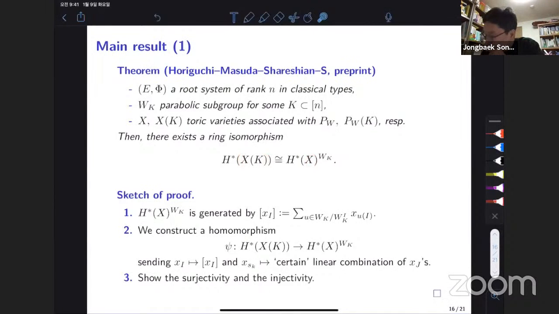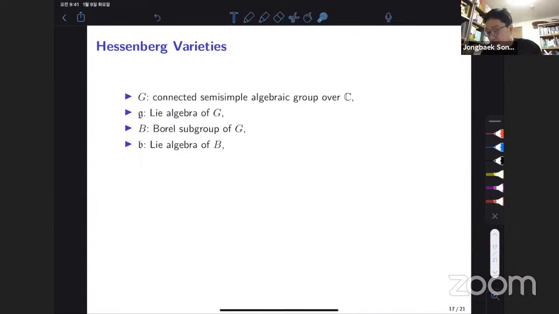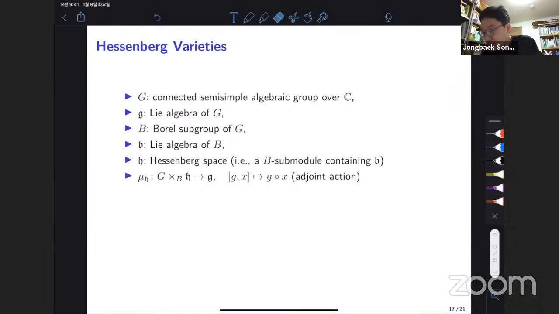Okay, let's go back to the Hessenberg variety. In order to define a Hessenberg variety in a little more general context, we have to begin with a connected semi-simple algebraic group, and its Lie algebra, and take a Borel subgroup of this G and its Borel subalgebra. Then we have to choose a certain subspace in this Lie algebra, which is called a Hessenberg space.